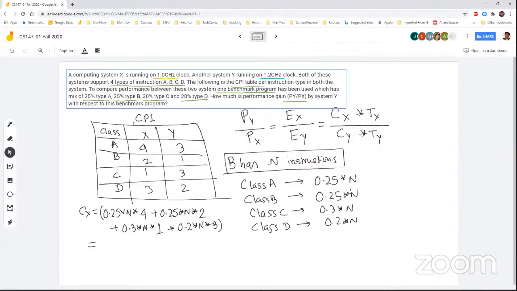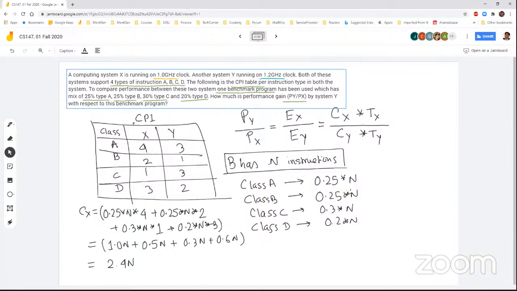No, what am I doing? Oh, we need to multiply. So this one is 1.0n plus this one is 0.5n, this one is 0.3n, this one is 0.6n, which is 1.5, 1.8, so 2.4n. Okay, 2.4n.